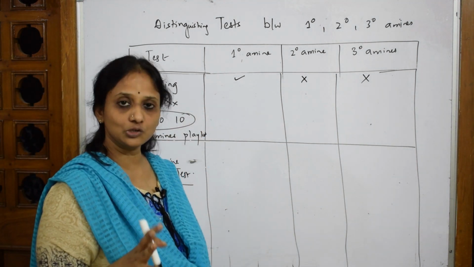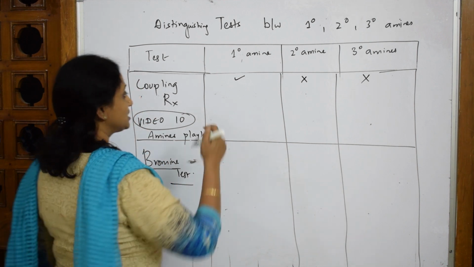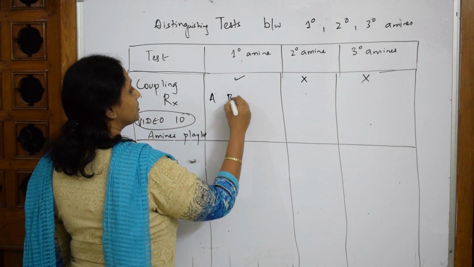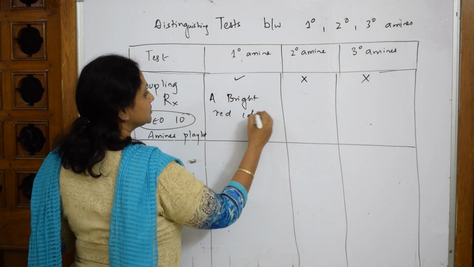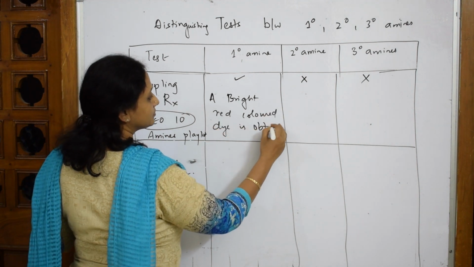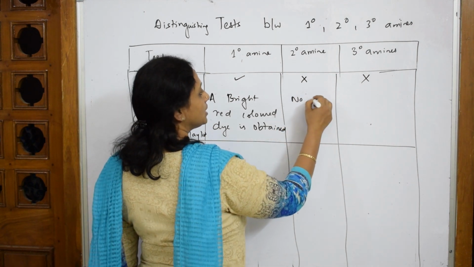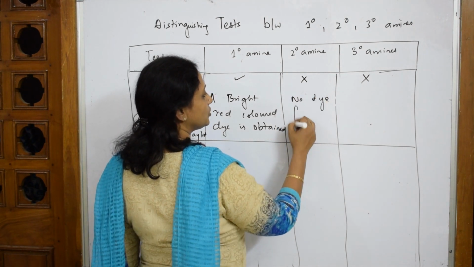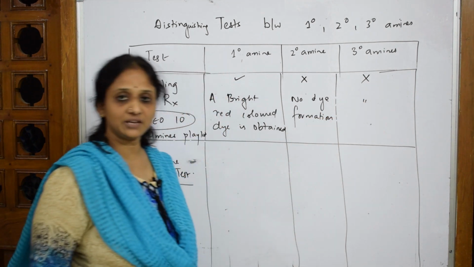You are going to conclude the answer: a bright red colored dye is obtained. If you don't want to put a cross like that, you can write no dye formation. You can write this also, no dye formation. Here also the same, no dye formation.